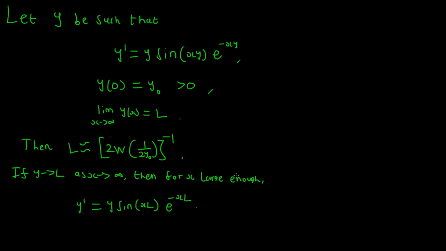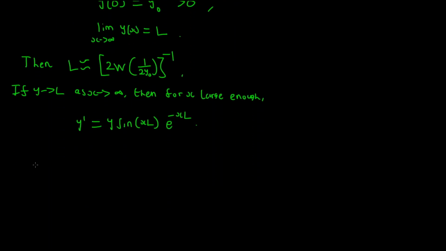So this is a differential equation that we can more easily solve than the other one. So dividing through by y on both sides, we get y prime over y is equal to sine of xL e to the negative xL.